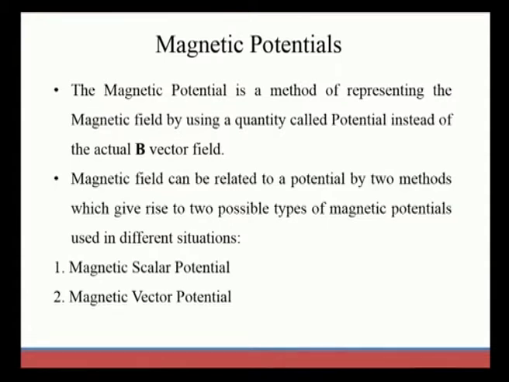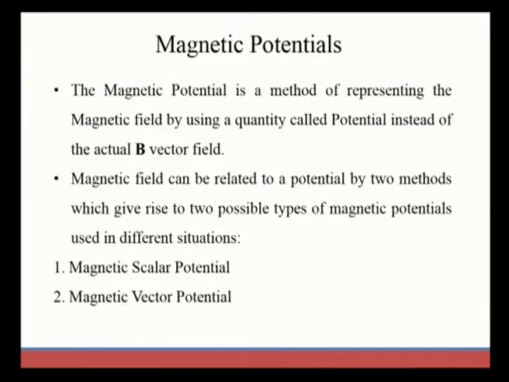The magnetic potential is a method of presenting the magnetic field by using a quantity called potential instead of the actual B vector field. Usually the magnetic field B can always be represented with the help of a vector field.